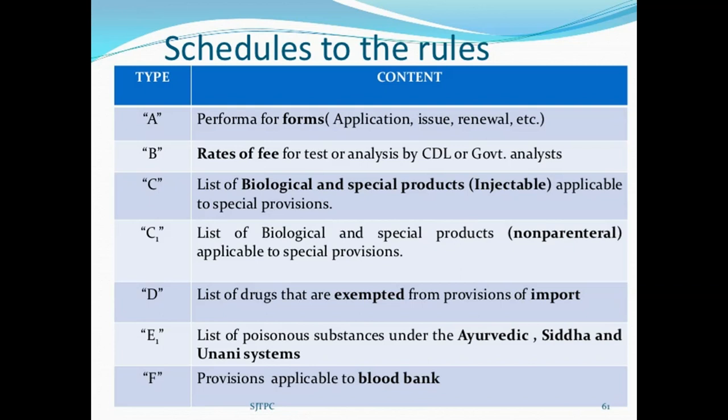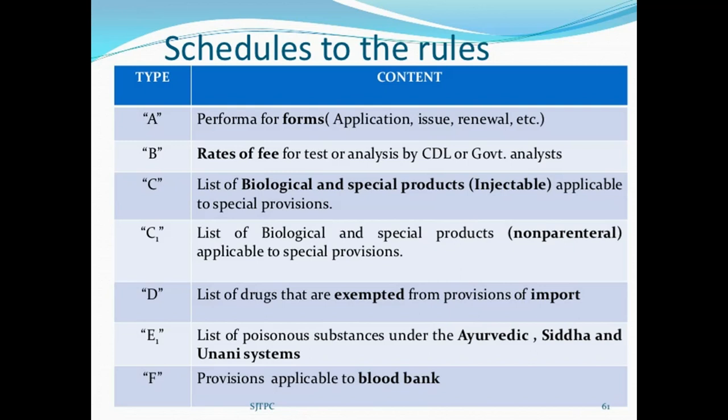Without a test, it will not come to the market. This test is done by CDL. CDL means Central Drug Laboratory. And by the government analyst. Later on we will discuss the role of the government analyst.